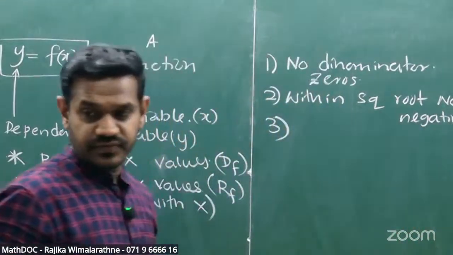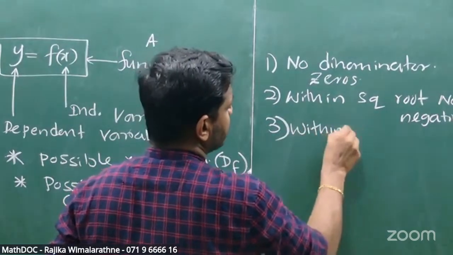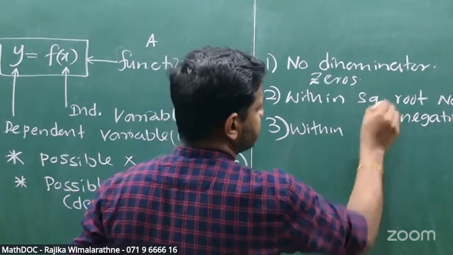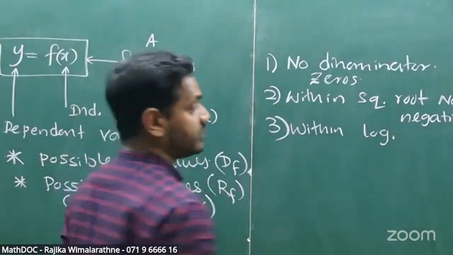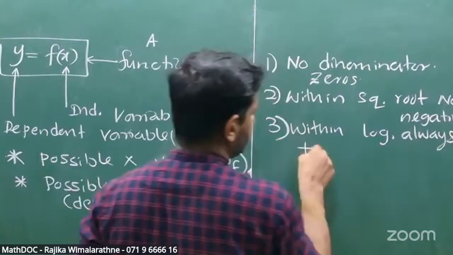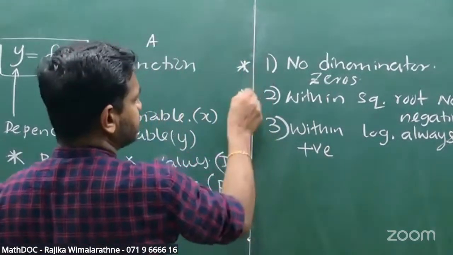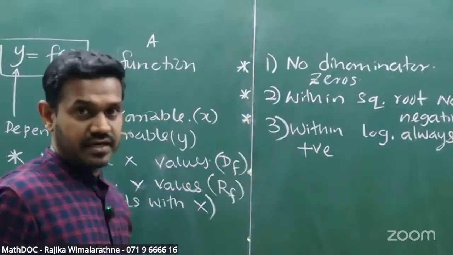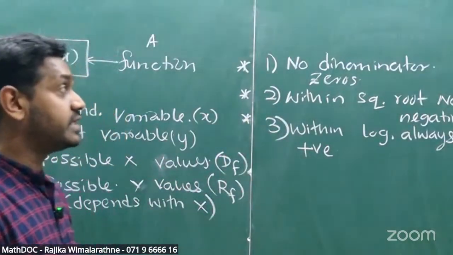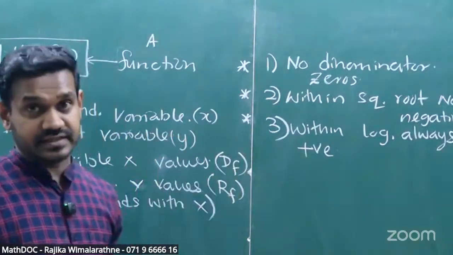Another condition: within logarithms, always positive. So when getting the domain, you have to think about these three relations.